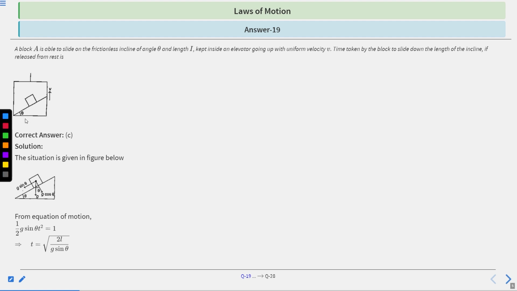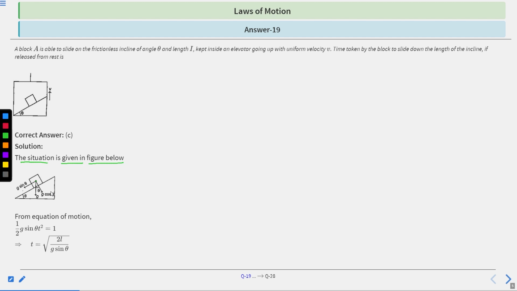After resolving all the forces, or solving the free body diagram, the situation is as given in the figure. The acceleration due to gravity acts vertically downward, and resolving it, making angle theta, we get g sin theta and g cos theta.